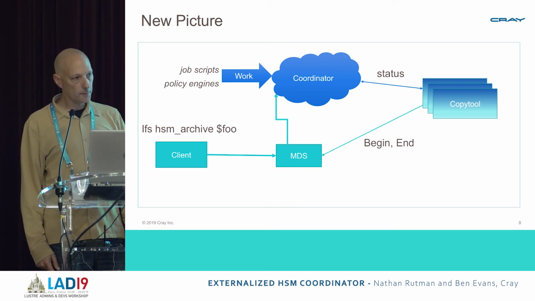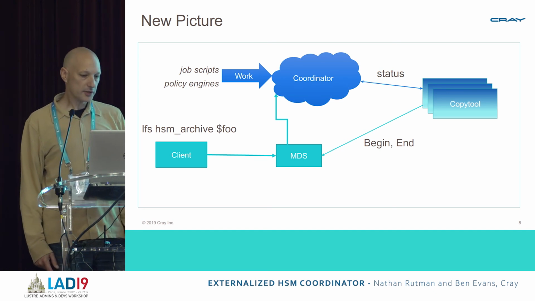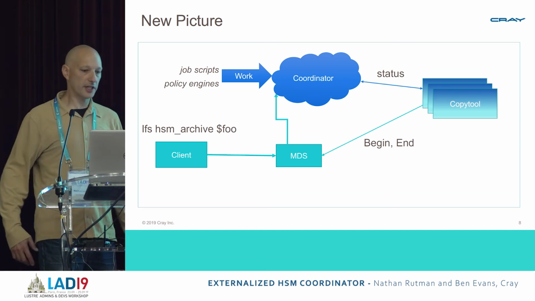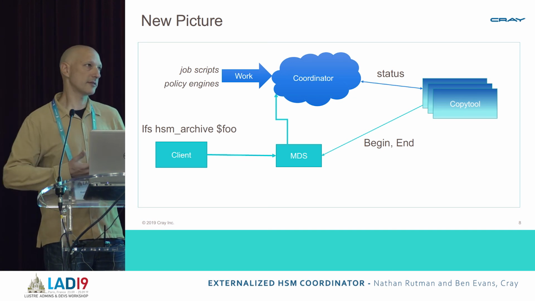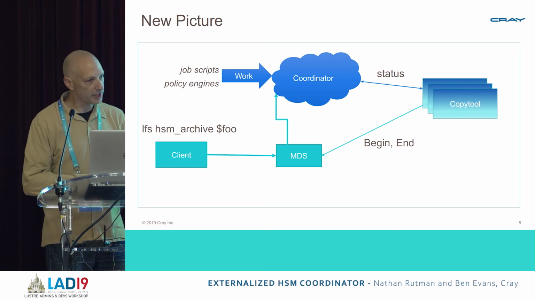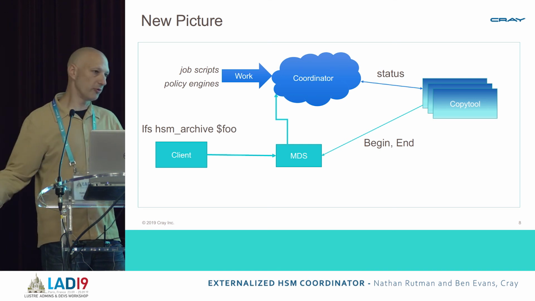This imposes a strong coupling between the coordinator and the copy tool. There's an expectation that if you're the one deciding the priority of requests, that your hardware is doing the data movement itself.